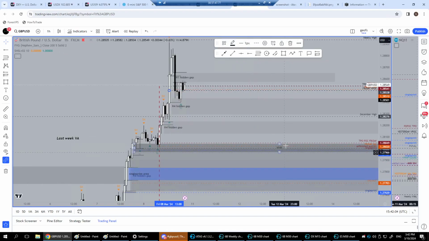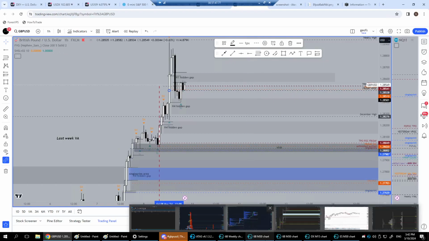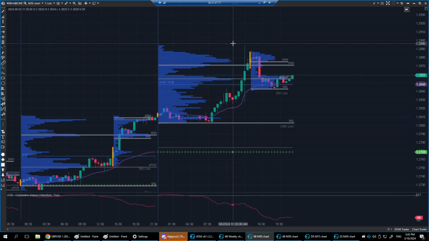And yeah, you could just say use the 6B chart. I don't know. I just like using the spot chart. It's just my preference. I think it's because it's the larger market. I like to keep an eye on it.